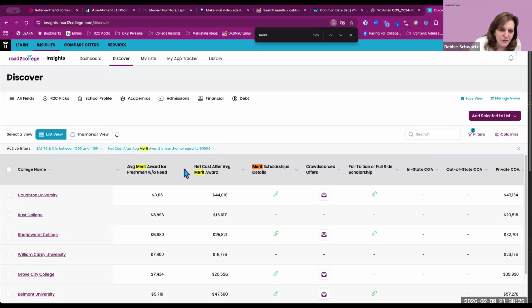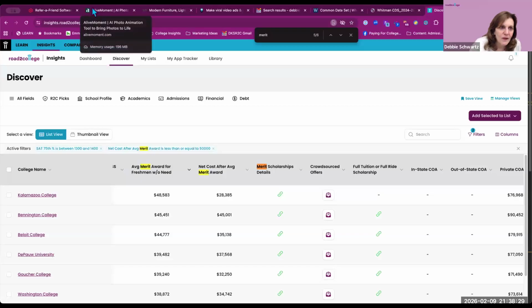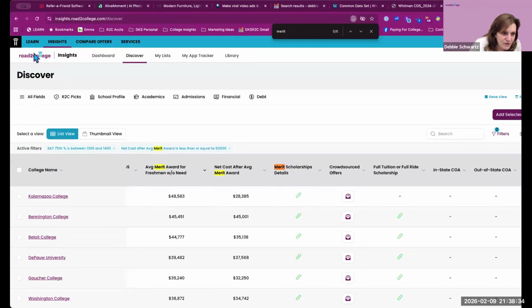Oops, sorry, we want to go the other way. Sorry, I'm just moving things around so I can see this. Now I know which of these colleges, I just sorted it by merit amount. I could also sort it by the net cost after merit.